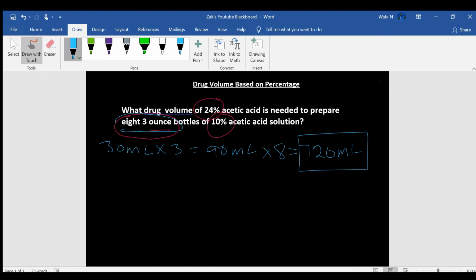So with that, let's get started. The 24% that you see here, we're going to convert into, let's say, grams, just so that we wouldn't be confused. You wouldn't normally see percentage over volume.